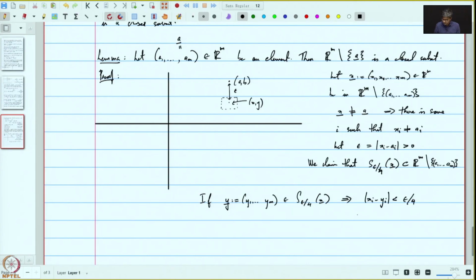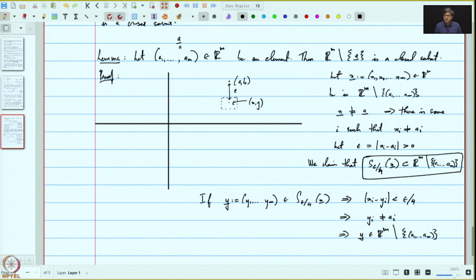But then this implies that yi cannot be equal to ai, because xi minus ai is equal to epsilon. Therefore, y belongs to Rm minus (a1, ..., am).